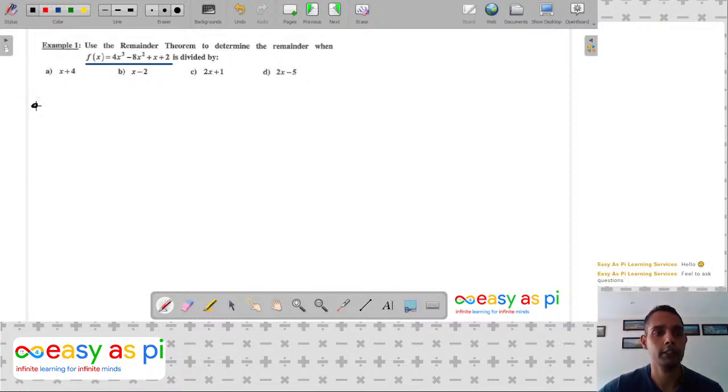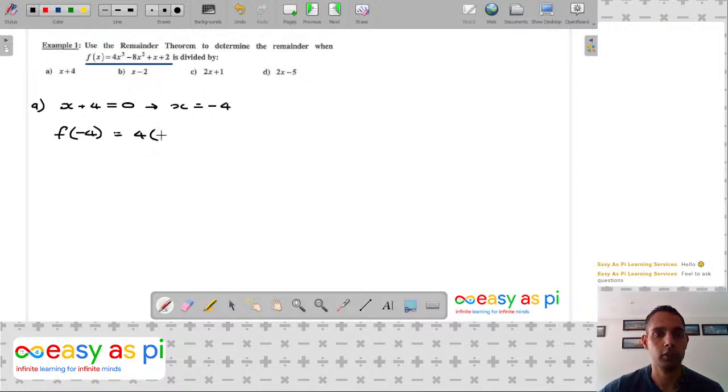I would say, okay, I know x plus 4 is equal to 0, and then I solve for x, so x is equal to negative 4. Then I take that negative 4 and plug it in. Let's work out f at negative 4. Wherever I see x, I replace it with negative 4.